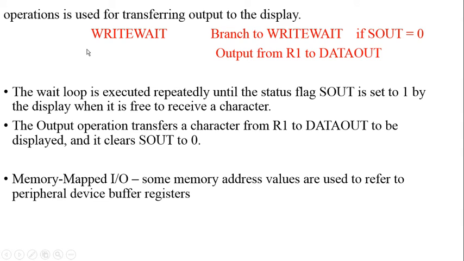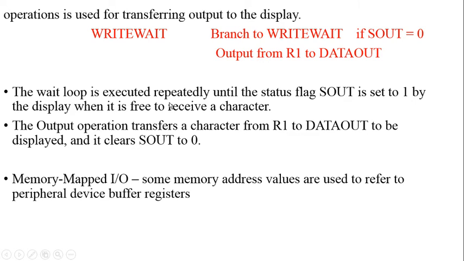Similarly, in the case of displaying, if SOUT equals 0, the processor continues in a waiting state, and whenever SOUT becomes 1, we can start a data transfer from a processor register R1 to the register data out, which is associated with the display unit.